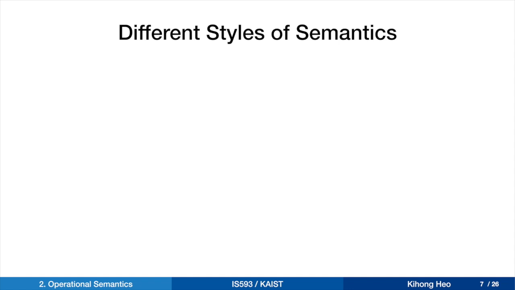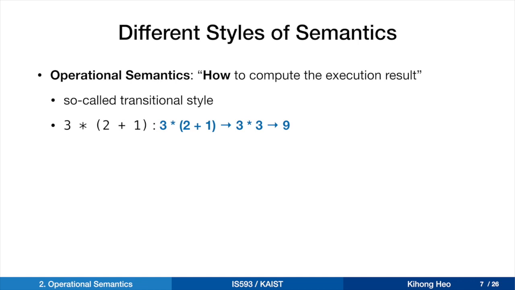There are different styles of defining the semantics of programming languages. One is so-called operational semantics, also known as transitional style. As you can guess from its name, operational semantics focuses on how to compute the execution result.